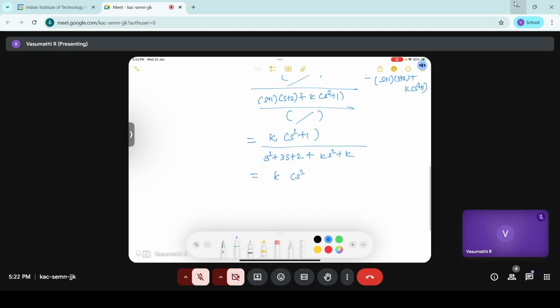This again will give 1 plus k into s square. So if I make any mistake, just let me know, okay? 1 plus k into s square plus, there isn't any s term, so I'm taking s as it is, plus 2 plus k.